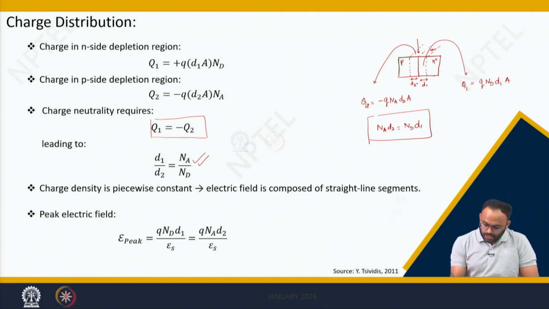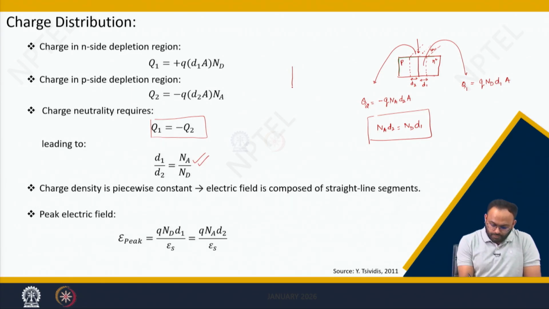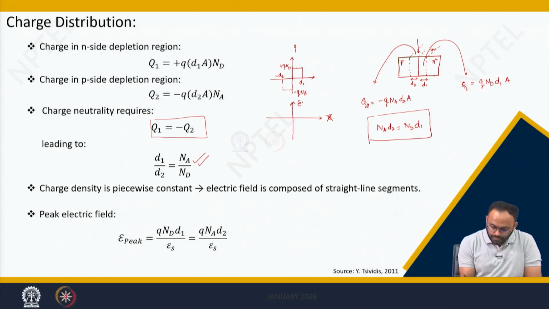Similarly, we can calculate the peak of the electric field from the same charge density profile. The charge density profile says this is plus Q into Nd extending up to D1. Similarly, this is D2 and minus Q into Na. If I want to calculate the electric field, then the electric field along X can be calculated by its area.